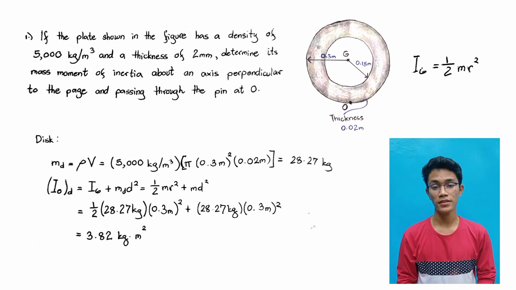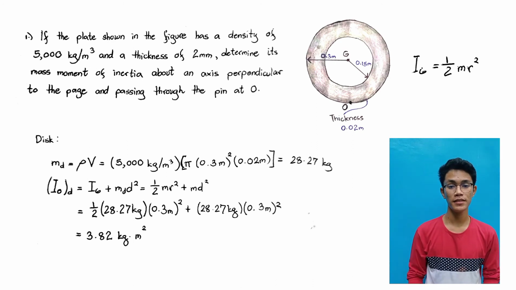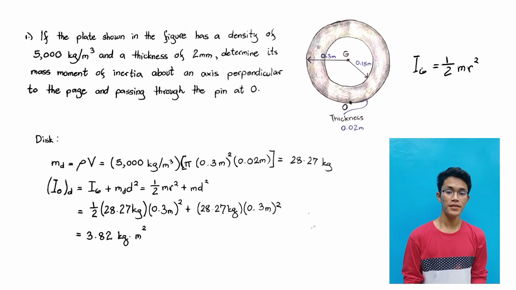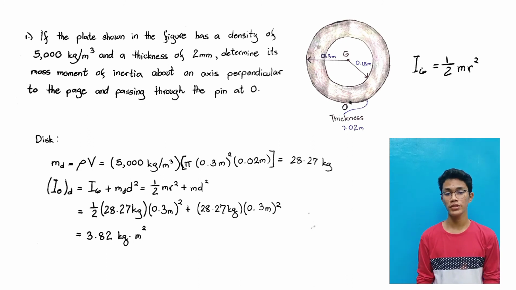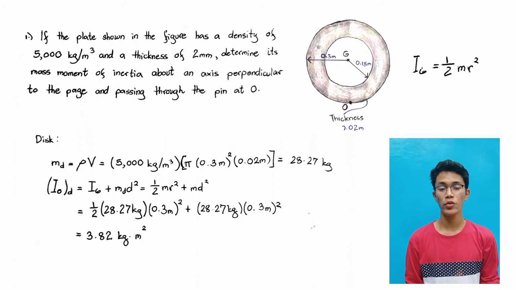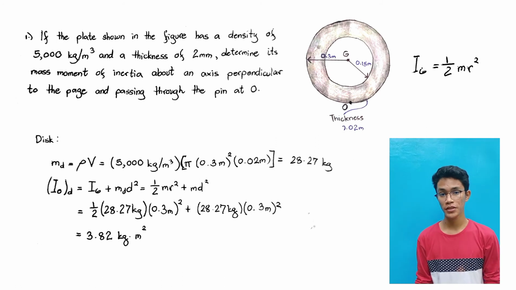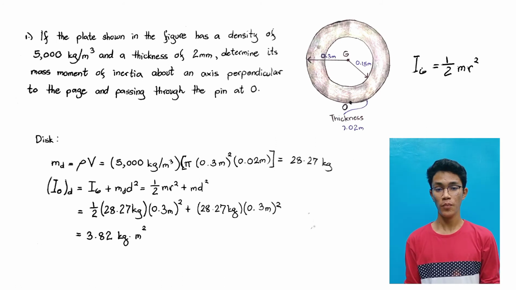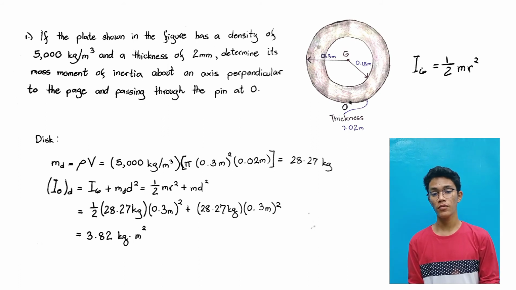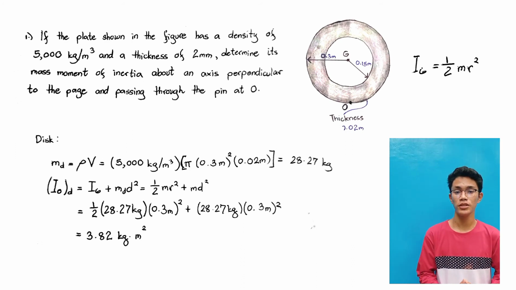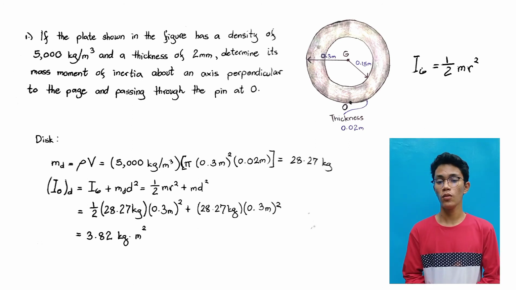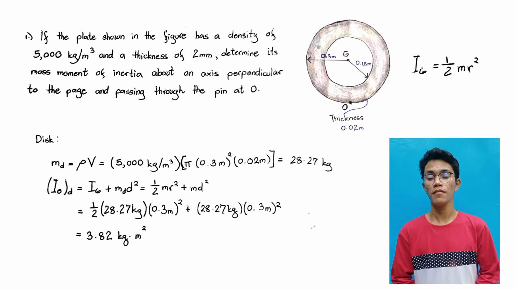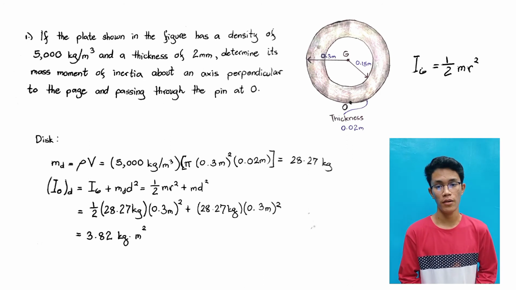First, let's find the mass of the bigger disc by multiplying the density and its volume. The density is equal to 5,000 kg per cubic meter times the volume, which is pi r squared times height, so it's pi times 0.3 meter squared times the height of 0.02. So the mass of the bigger disc is equal to 28.27 kilograms. Let us proceed on solving the mass moment of inertia of the bigger disc, which is equal to Ig plus m d squared, where Ig is equal to 1/2 m r squared.